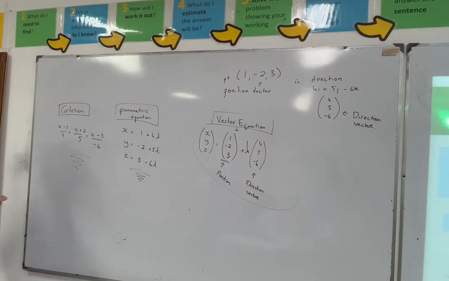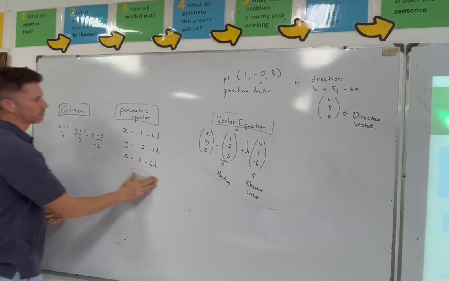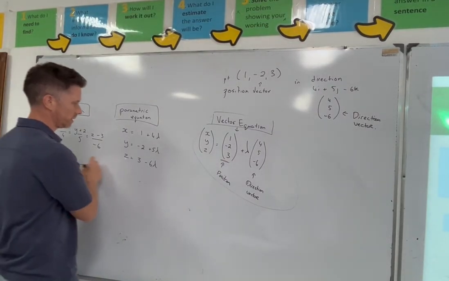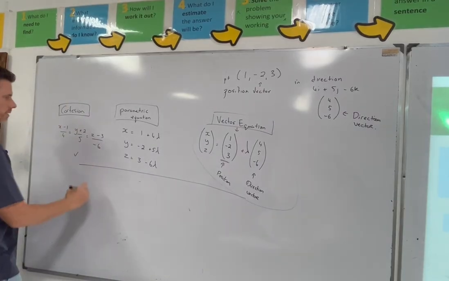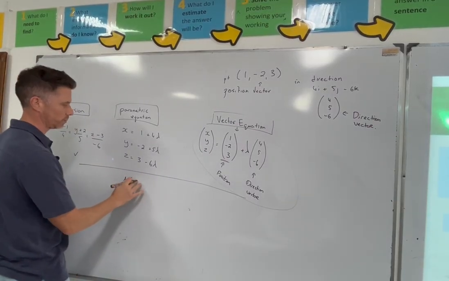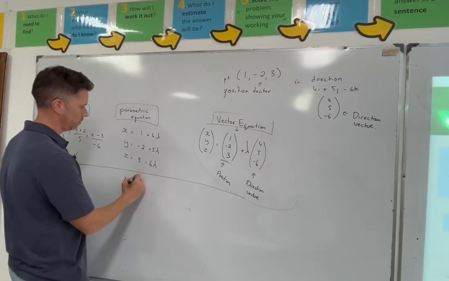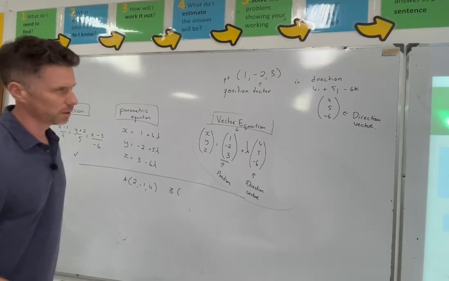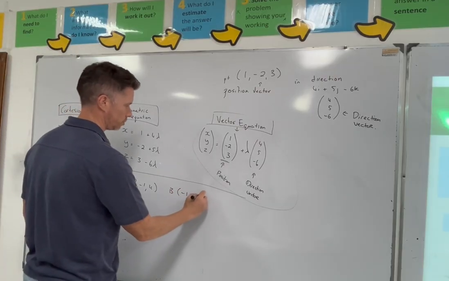Okay, so let's follow up with some questions. Find the parametric equation. This asks them to find this style given two position vectors. So we've got position vector A is 1, 2, -1, 4, and B is -1, 0, 2.